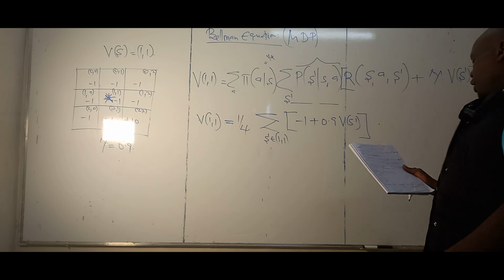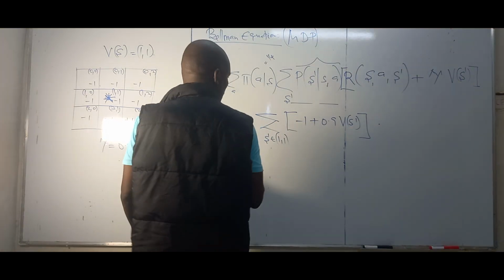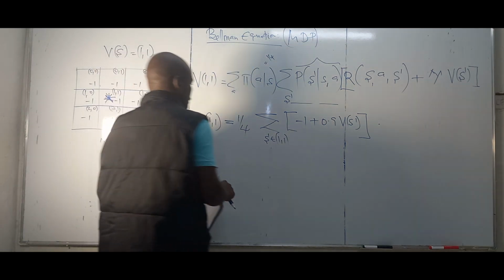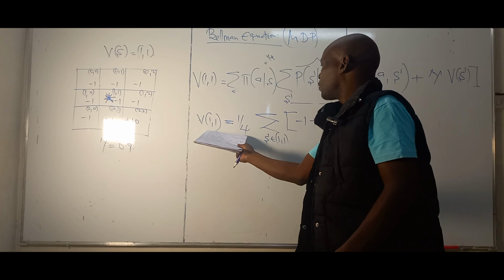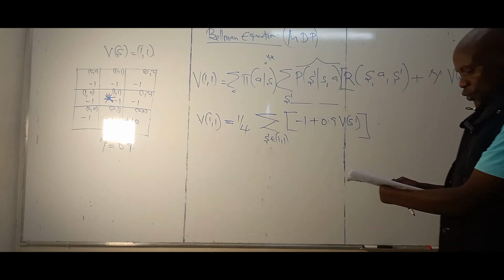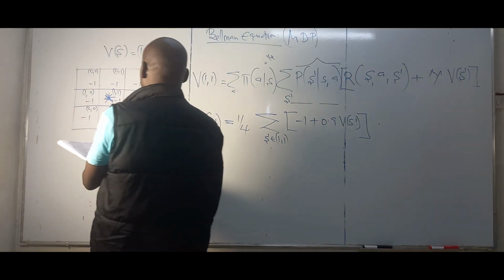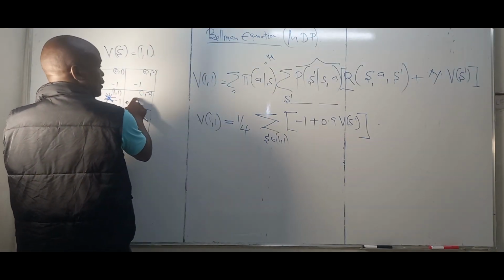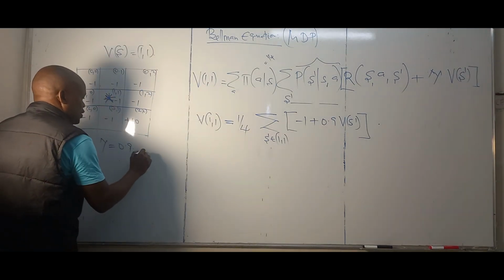So we then want to substitute values. Then we get what the value function at this particular node should be. So what we do, we already know the neighbors of 1, 1. I should write them somewhere. Neighbors of 1, 1 are 0, 1.